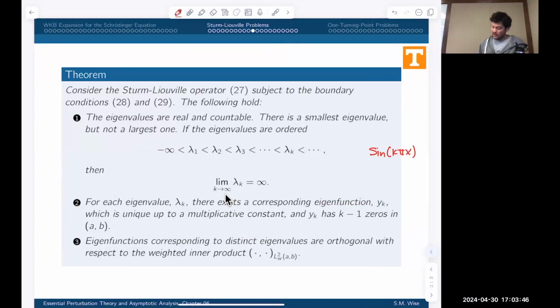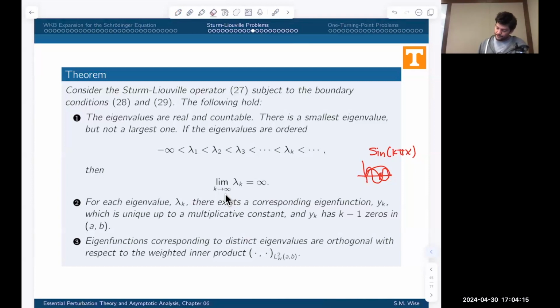The first one looks like that, no zeros. The second one looks like that, so it has exactly 1 zero in the interval. The third eigenfunction looks like that, 2 zeros, and so on. This always holds.